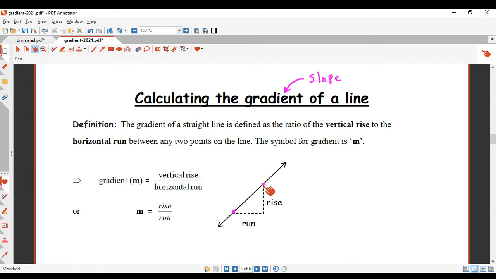I would be starting at the top point, going down and then left. Okay, but we could also go the other way. In other words, I could start from here and do the rise component here first, then go across. Okay, so that's also the rise and that's also the run. All right, so once we work out the rise divided by the run, that gives you a value, and we call that the slope value or the gradient value of the line.